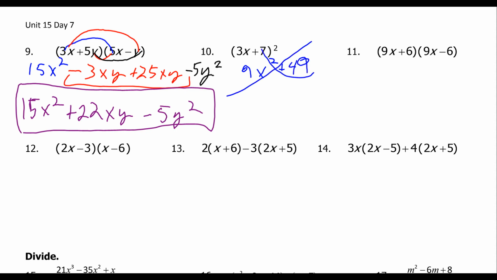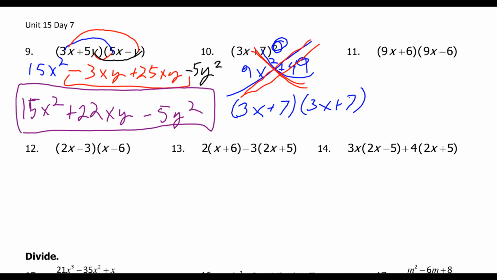Don't do that. It is wrong, and I will count it as such. Okay? Any good math teacher will count it wrong. Okay? What you should do instead is 3x plus 7 times 3x plus 7, because as we all know, this little 2 right here means that we multiply it by itself.